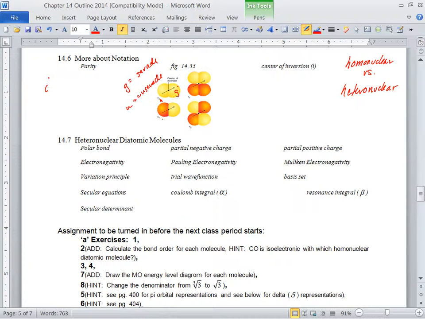So this would be g. This would be u. What were the colors again? Jeffrey, what were the colors again? It looks prettier with colors. Changing sign. They should really just put plus and minus there, because that's what the wave function is doing, changing sign. But colors look prettier. So the wave function is just changing signs. But all molecular orbitals for homonuclear diatomic molecules are going to have g's and u's on them.